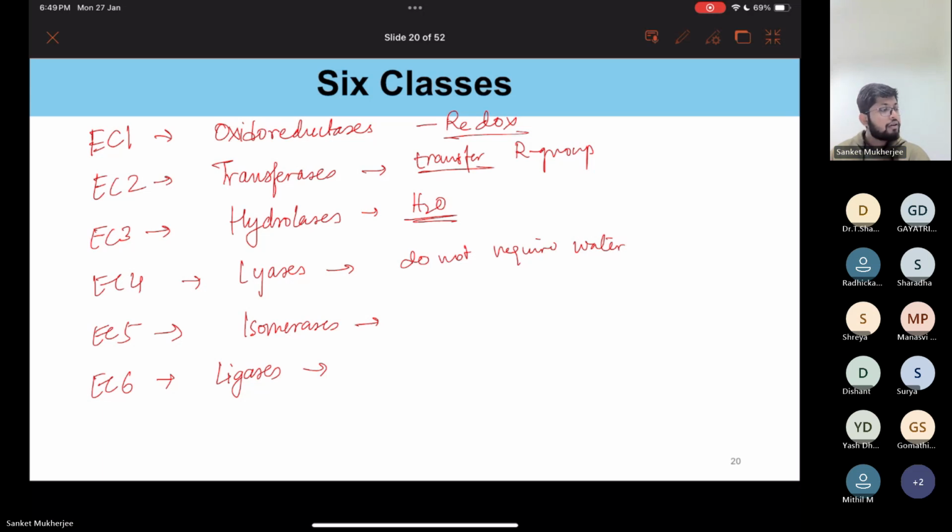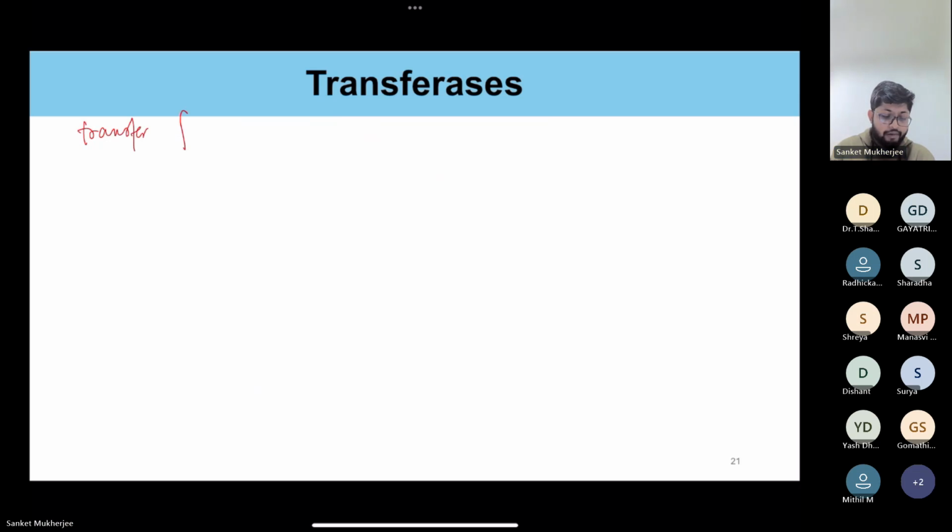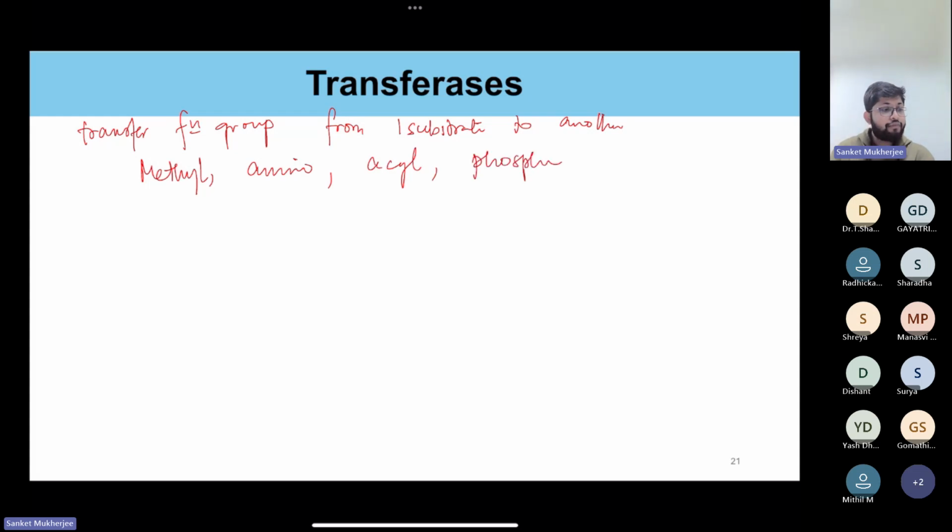Okay. So if we talk about transferases, they transfer a functional group from one substrate to another. These functional groups could be methyl group, amino group, acyl group, phospho group. These are the examples. What are the cofactors which are usually involved? Cofactors are magnesium and manganese. If we talk about coenzymes, then coenzyme A is usually involved.